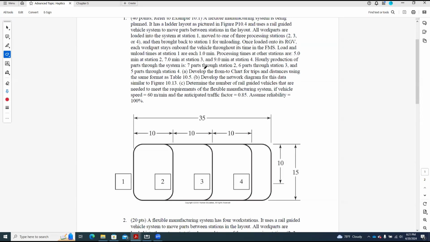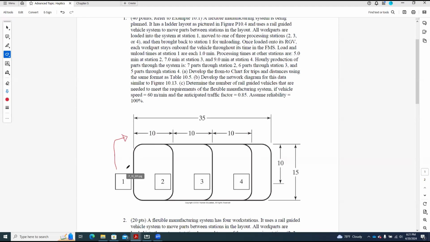I think it's not given, so I'm going to use the clockwise direction, not the counterclockwise. From 1 to 2, let's say we do the loading this way. After loading, we send it this way and bring it back the other way. Now from 1 to 2, what distance does it have to travel?